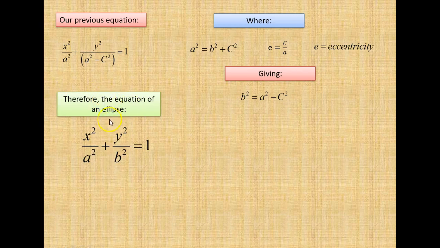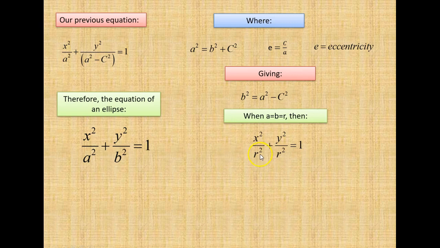So therefore the equation of the ellipse is x squared divided by a squared plus y squared divided by b squared is equal to 1. If a and b are equal to r, then x squared over r squared plus y squared over r squared equals 1. And if we multiply both sides by r squared, we have a circle.